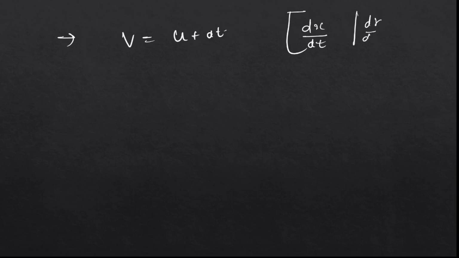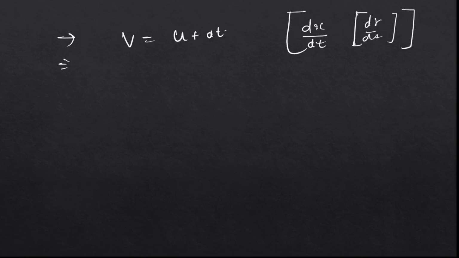Secondly, as we have already derived, v is equal to, now I have told you what velocity is. Velocity is the change in the distance with time, or you can say dr upon dt, but here I only require the x component, since I am considering that motion is along the x-axis, so only x is changing.